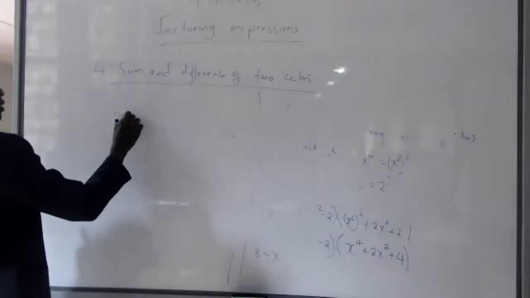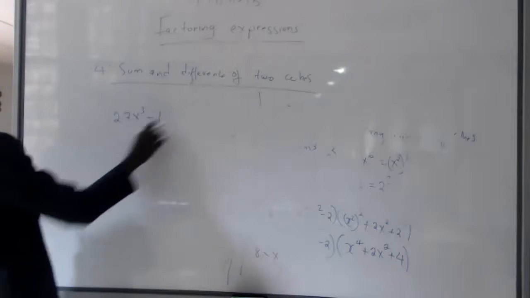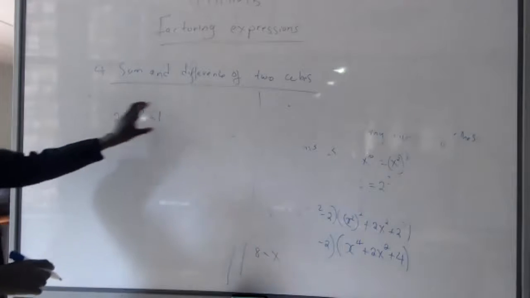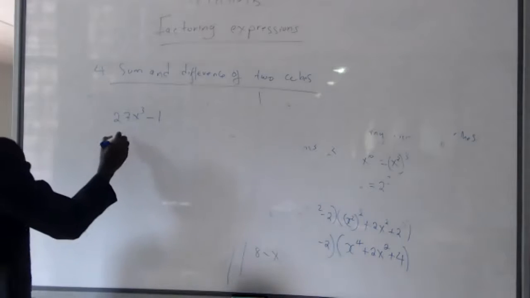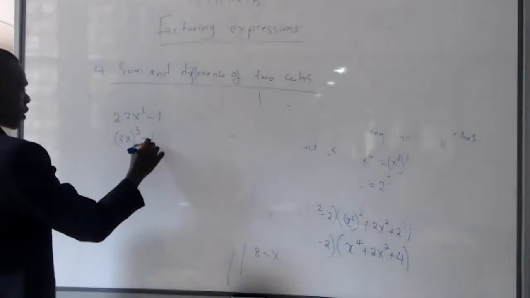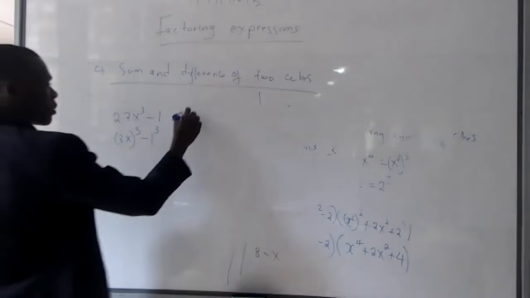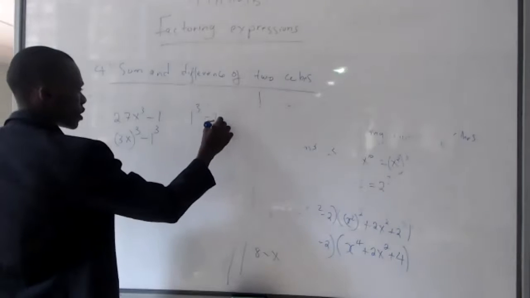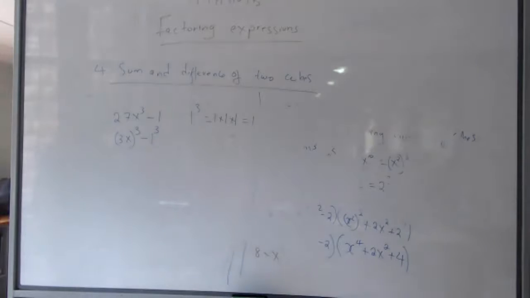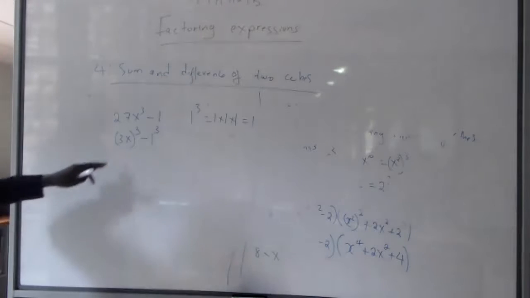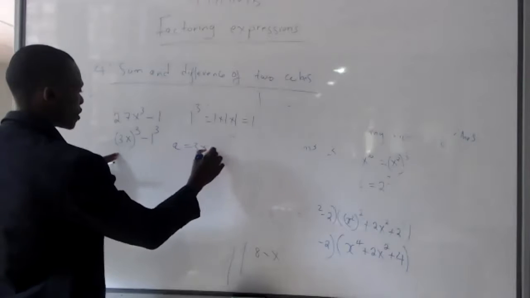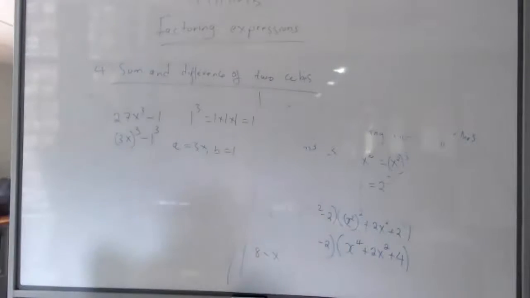Example, let's have 27x cubed minus 1. For the first step, I said, make sure you have cubes in both terms. So 27x cubed is the same as 3x cubed minus 1 cubed. Remember, 1 cubed is just 1 times 1 times 1, which is 1. Now, using the formula, a is 3x and b is 1.